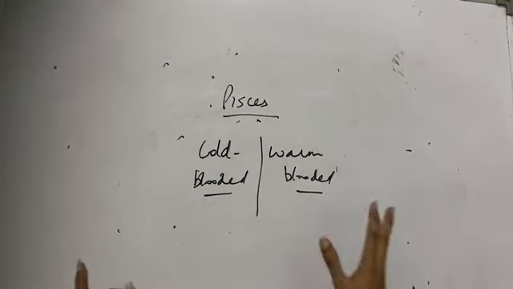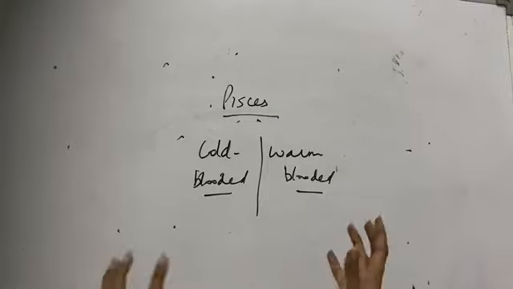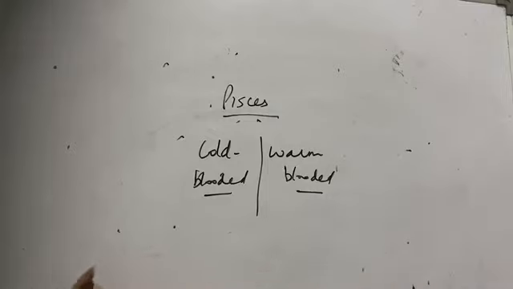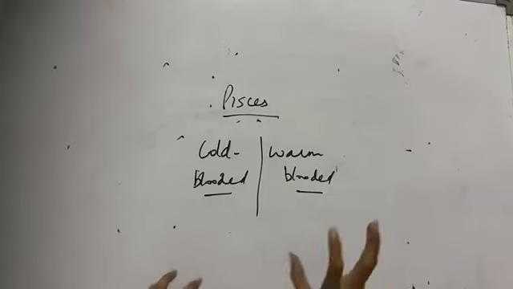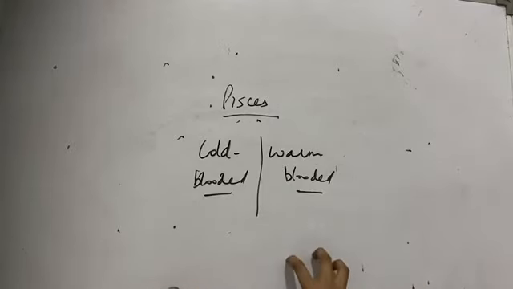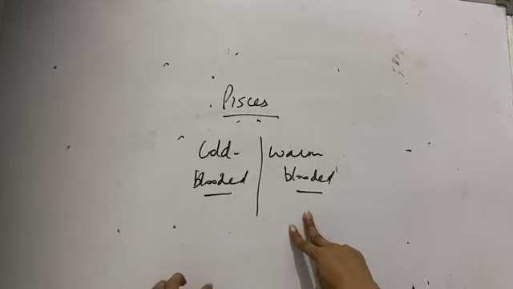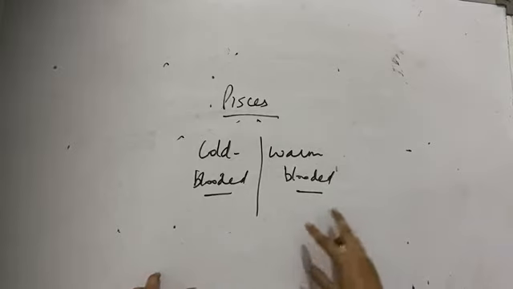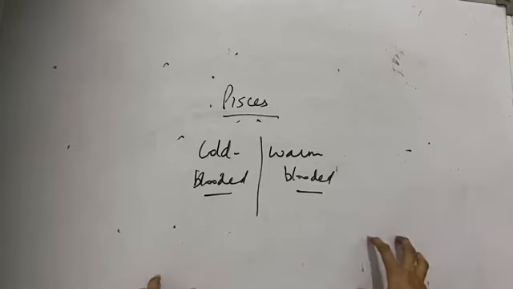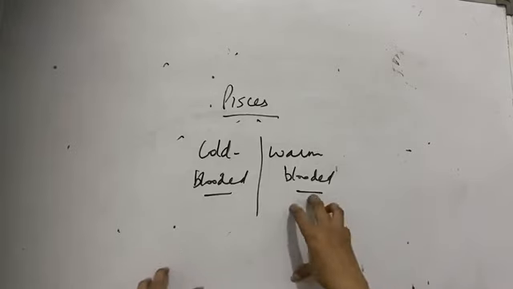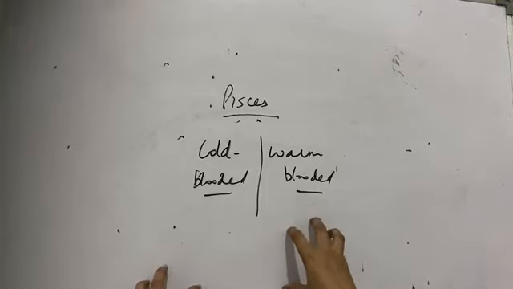So it ranges between 98.3, 98.4, it can be 98.2 or 5. It is just a normal temperature which stays stable. Even if it is summer season when temperature is quite high outside, or even if it is winter when the temperature is too low outside, in both of the cases our body temperature remains same. Such organisms are known as warm-blooded organisms.